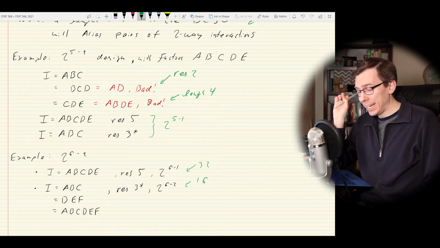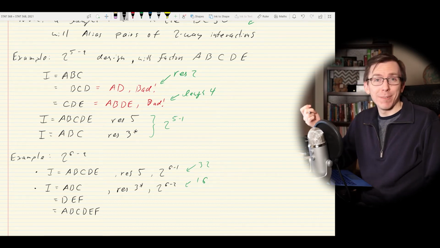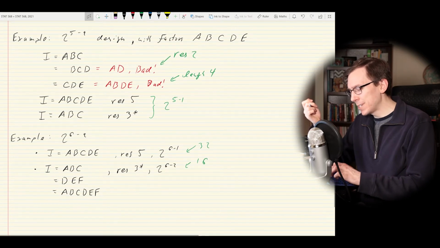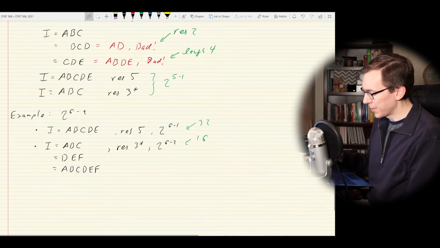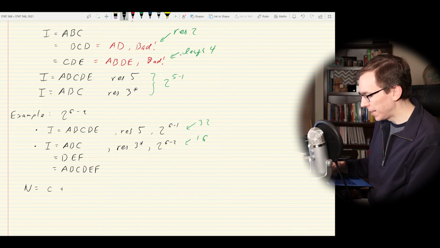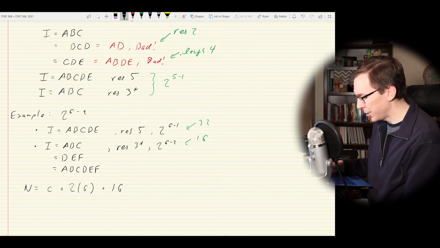We can save a bunch of data points, right? We can save the time and energy and cost it would take to collect all those data points and still be able to fit our response surface. So in this case, the sample size n would be the number of center points, which I'm going to call C, plus 2 times 6 for the axial points, plus 16 for the cube points.